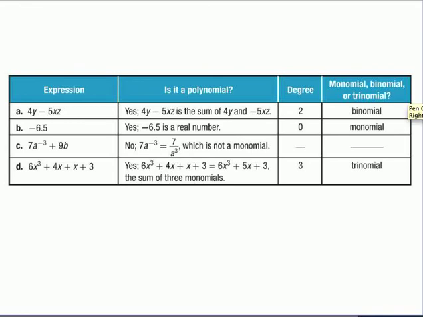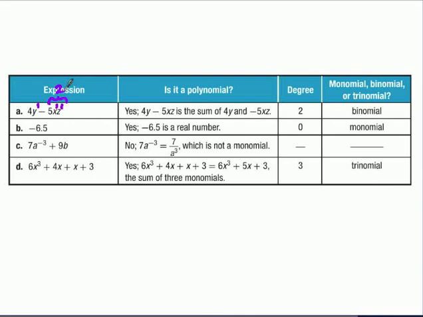What's the power of y? 1. But that's not 2. So then what's the power of x? 1. What's the power of z? 1. So basically, why it's a degree 2 is because you add the 1 and the 1 from the x and the z. So this right here makes 2. So that's the highest power.